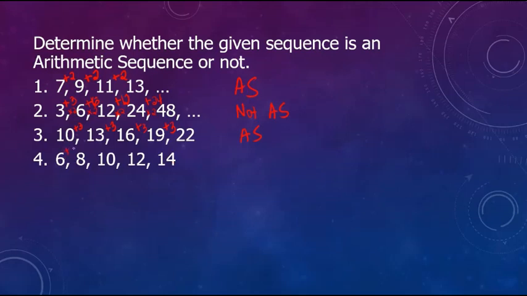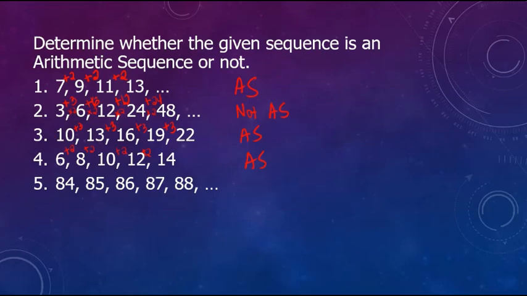Pare-pareho. So, 6 plus 2, 8, plus 2, 10, plus 2, 12, plus 2, 14, and so on. So, therefore, again, this is an arithmetic sequence, since pare-parehong 2 or constantly we are adding 2 to each term to obtain the succeeding terms.